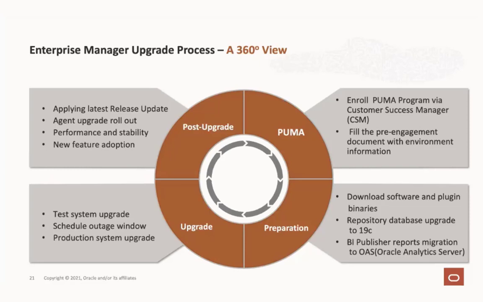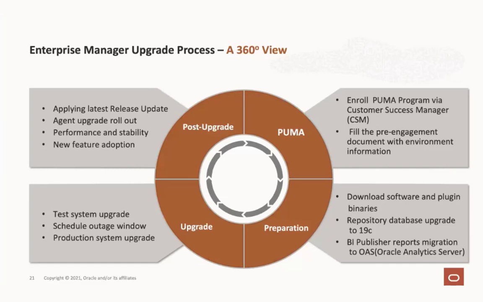And the second step is to make sure you're preparing your environment and planning for the upgrade, because that is a very important step. You need to understand what software and what plugins are available, what your system is currently configured with, whether it has customizations and whether they can be carried over as part of the upgrade, and what additional software you need to get, for example the plugins, or if you have BI Publisher, how you can move it before the upgrade.